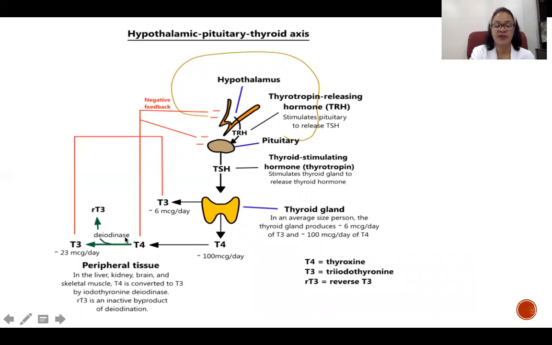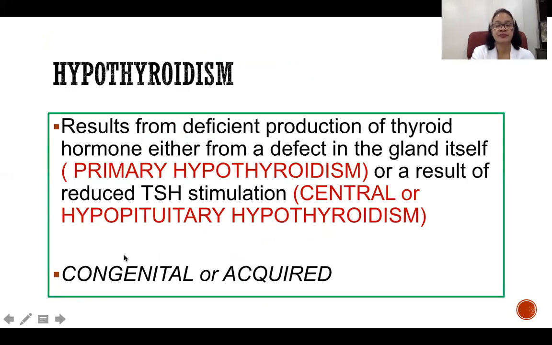And in the peripheral tissues, like in the liver, kidney, brain, and skeletal muscle, this T4 will be converted to T3 by the iodothyronine deiodinase, okay? And this RT3 is an inactive byproduct after deiodination.